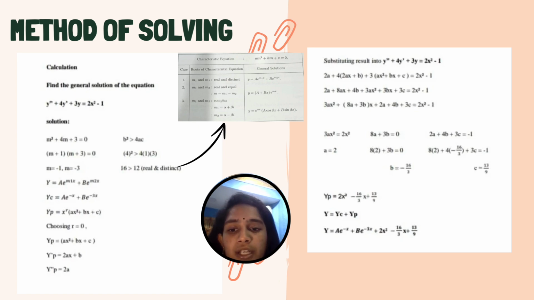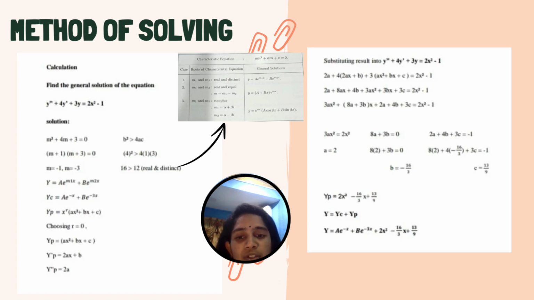So now we identify the yp equation. The equation is x^r(Ax² + Bx + C). So we substitute r with maybe 0, 1, 2, 3, and so on. So r is like trial and error. I try with 0. If we substitute the r value, we get one equation.